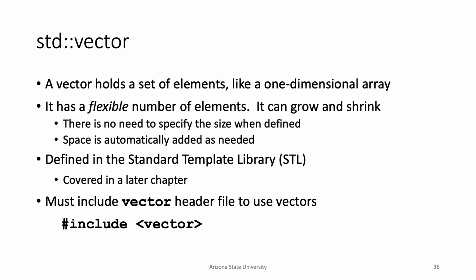So I don't think there's any use case where you should use a normal array versus a vector, because vector handles a whole bunch of things for you that you don't have to handle yourself, and it does exactly the same thing. So I can do the square bracket operator just like with arrays. So use vector in every place that you could possibly use it.